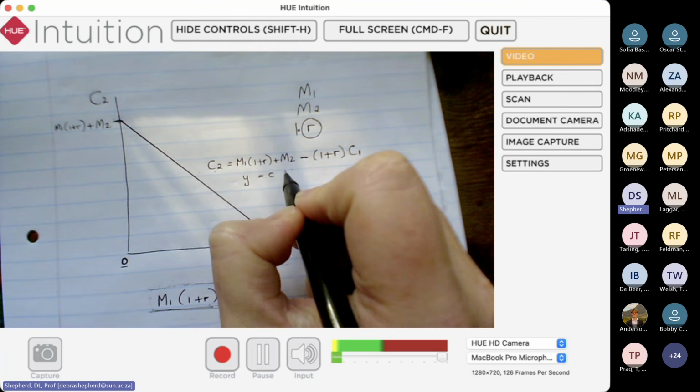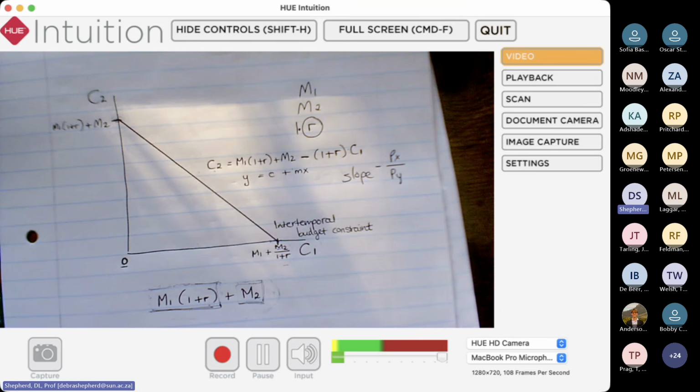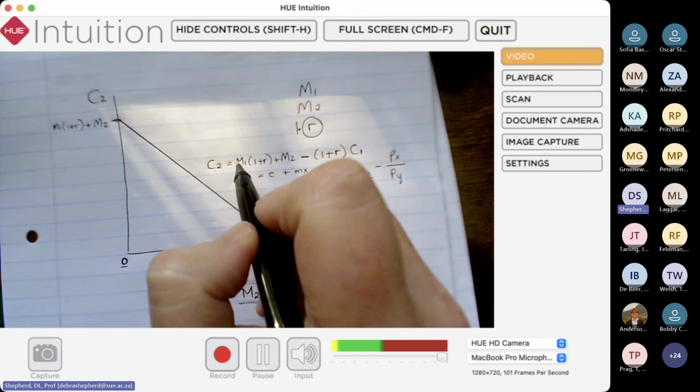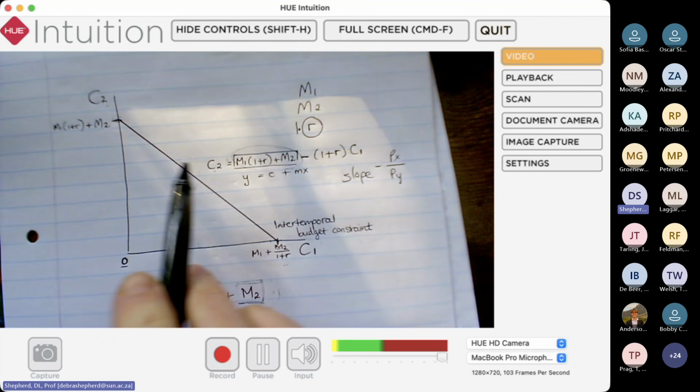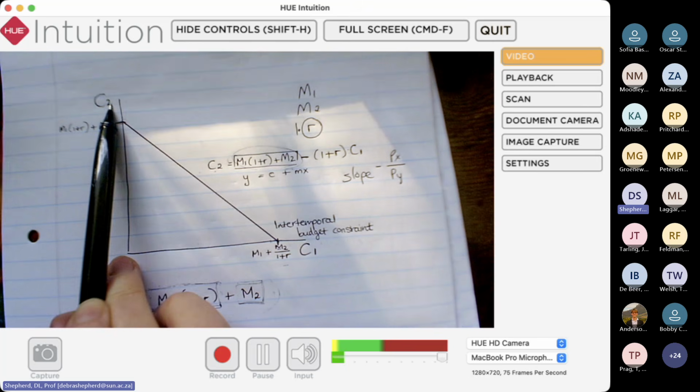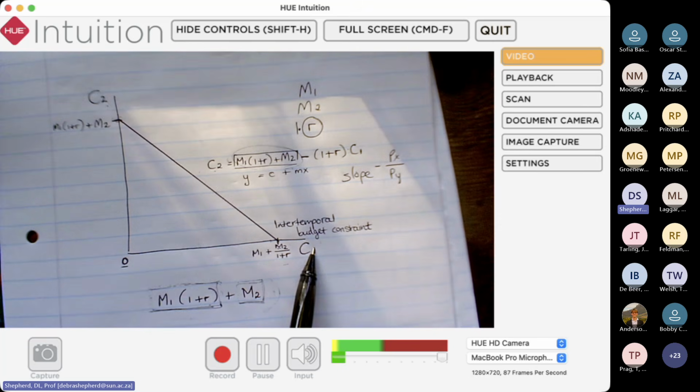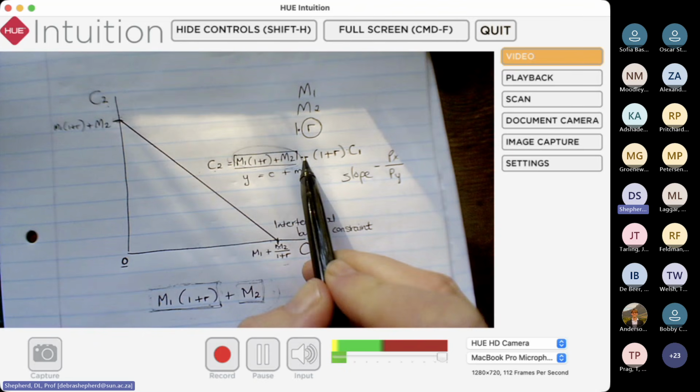Okay, but the same logic applies here as it applies to any linear budget line. This is the maximum amount of y. So what is the value of y, the vertical variable, in this case C2, when x, the horizontal variable, is 0, minus the relative price of the good on the x-axis. In this case, it's current consumption.